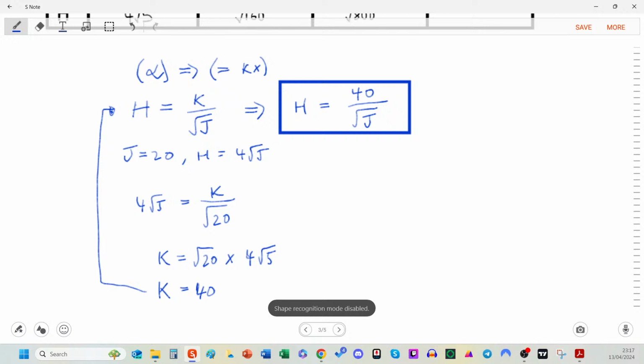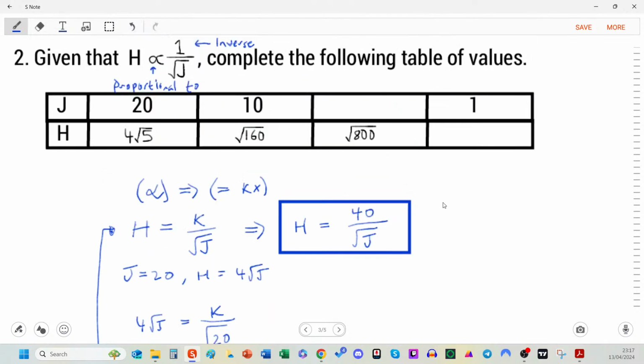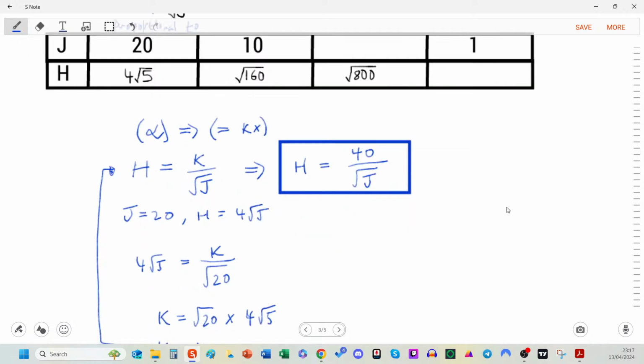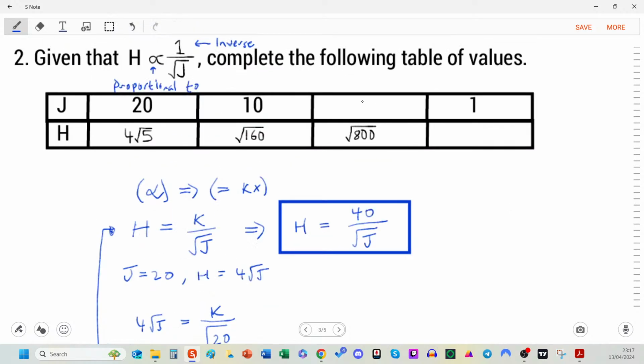So it asks us to complete the table, and using this equation is now possible. I'm going to start with the unknown h, because the formula has already made h the subject. So 40 over root 1 is 40. So this value here is 40.